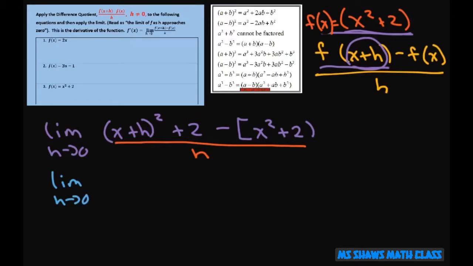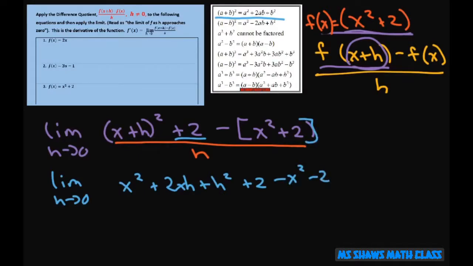Make sure by this time you know how to do your factoring facts. So this is just going to be x squared plus 2xh plus h squared plus 2, and then minus x squared minus 2, all divided by h.